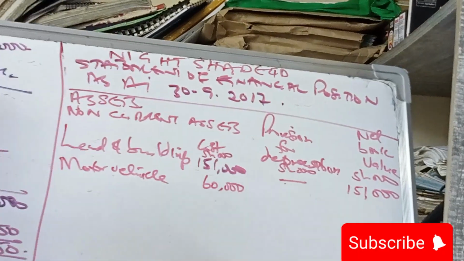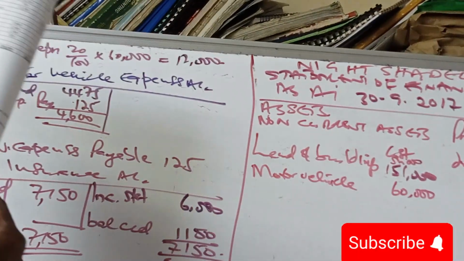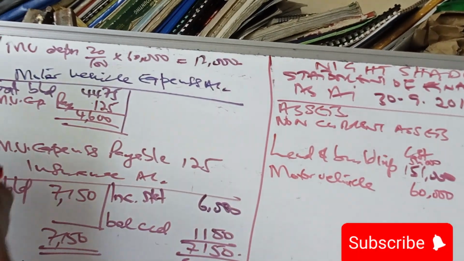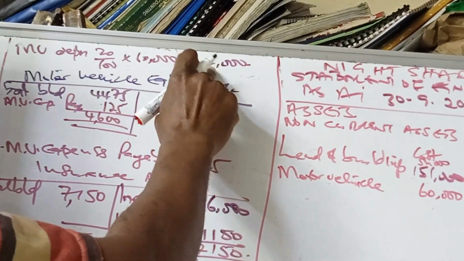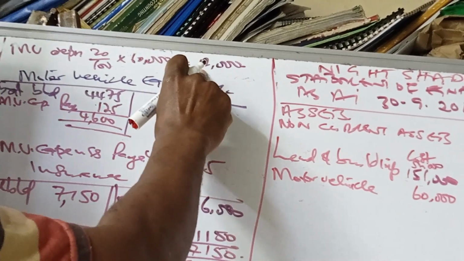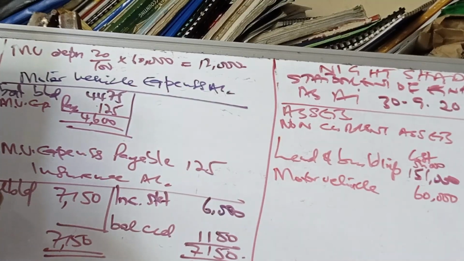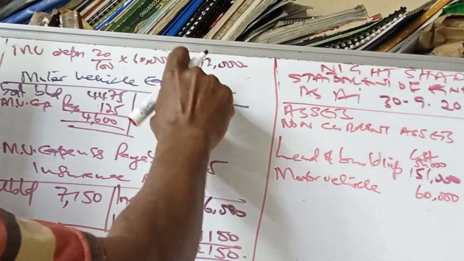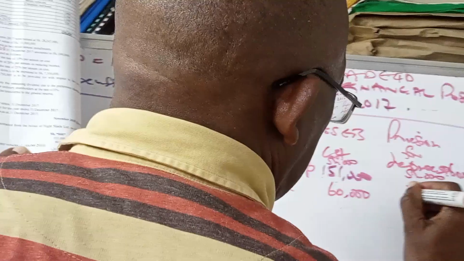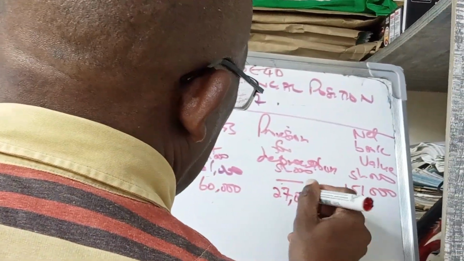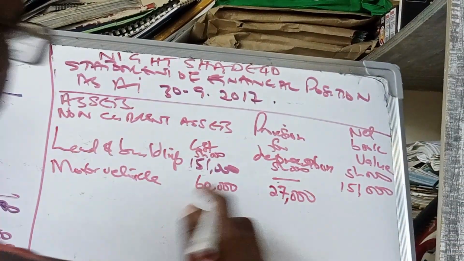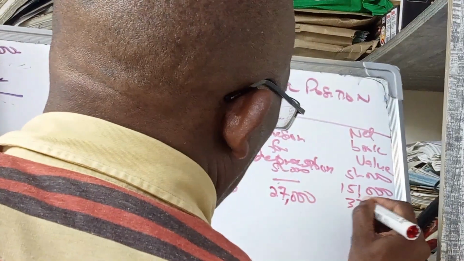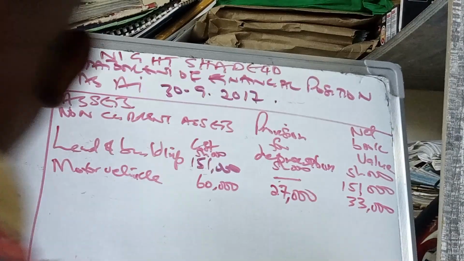From the trial balance, the accumulated depreciation at the beginning of the year is 15,000. You add 12,000 for the year, and you get 27,000. 60,000 minus 27,000, you get 33,000.